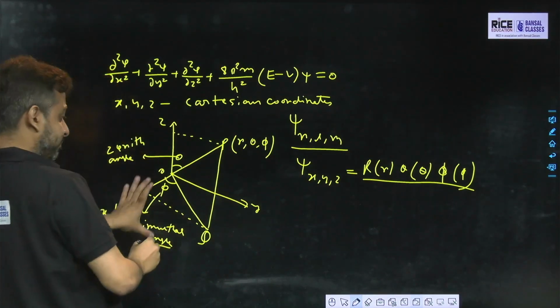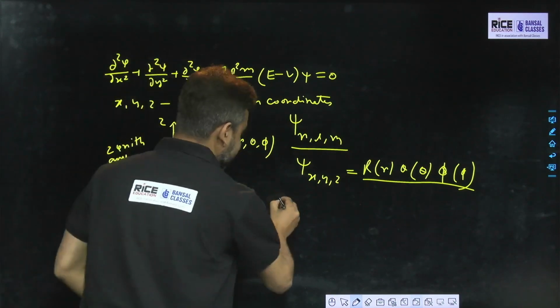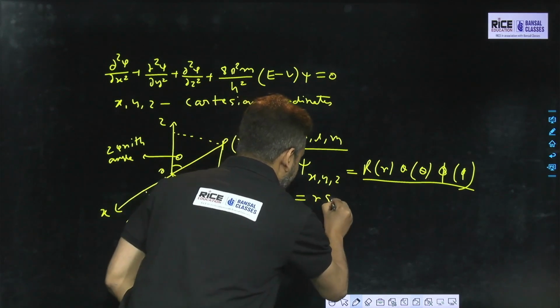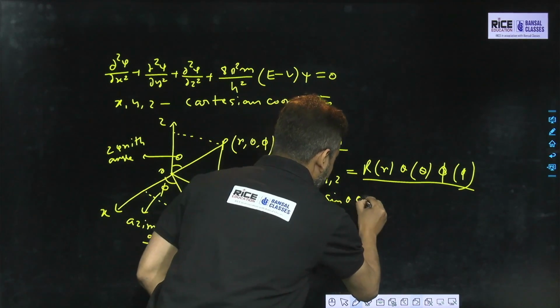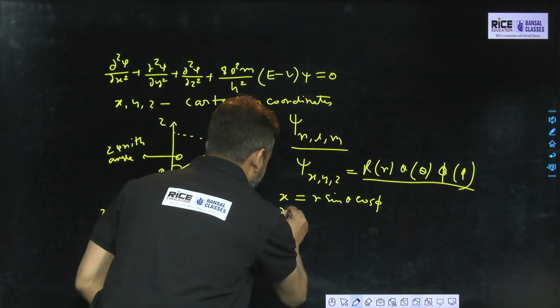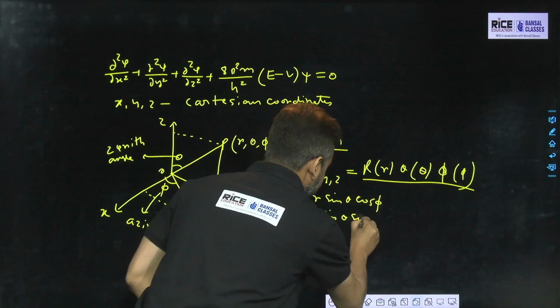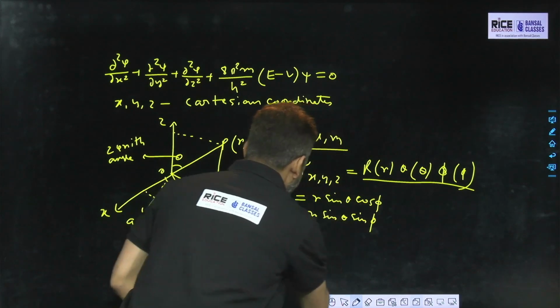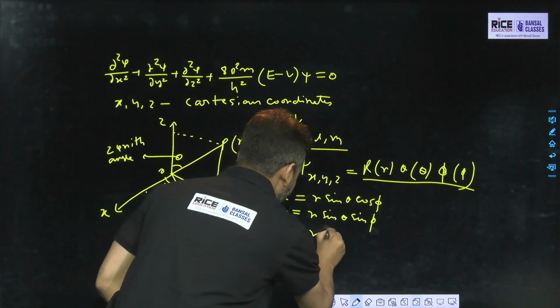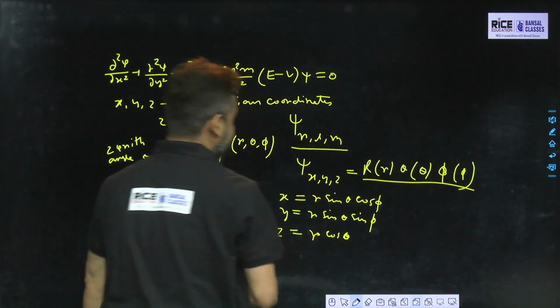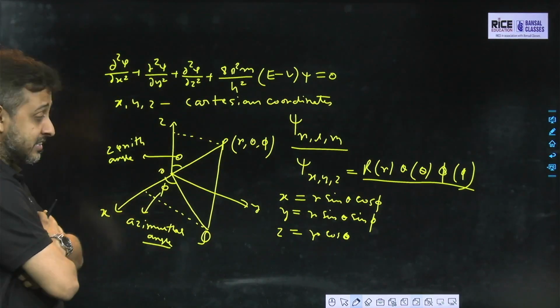Now from the spherical coordinates, we can write the value of x equals r sine theta cos phi, y equals r sine theta sine phi, and z equals r cos theta.